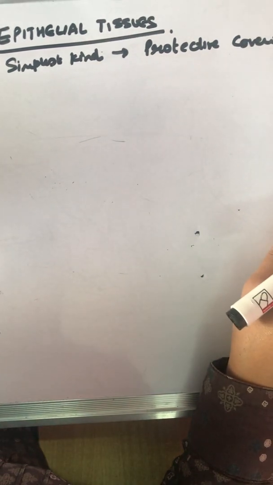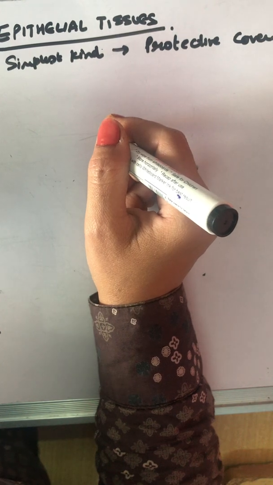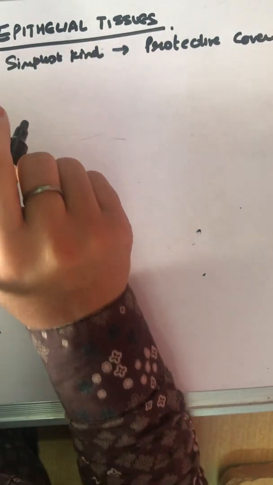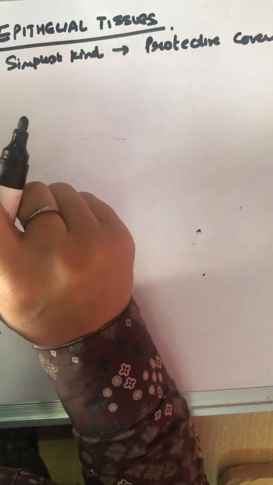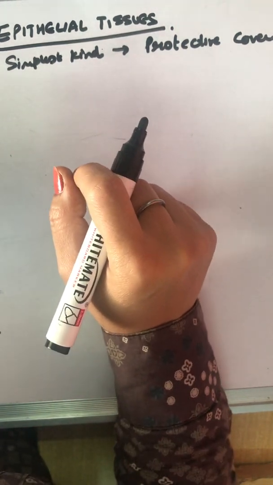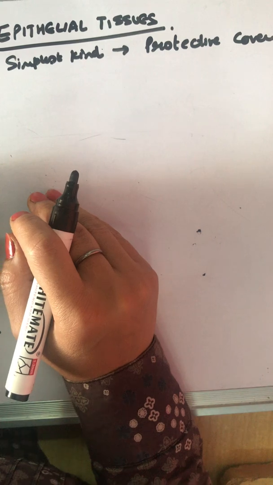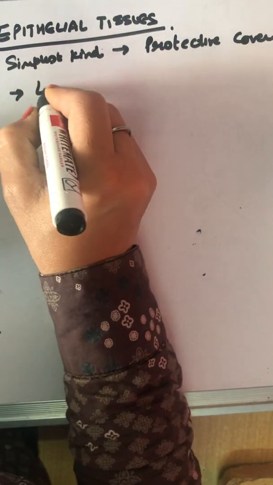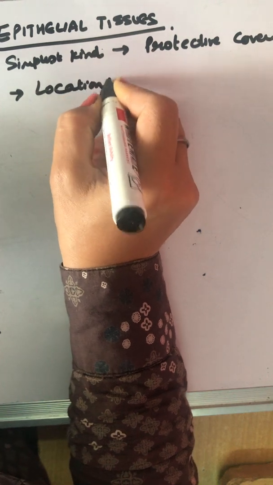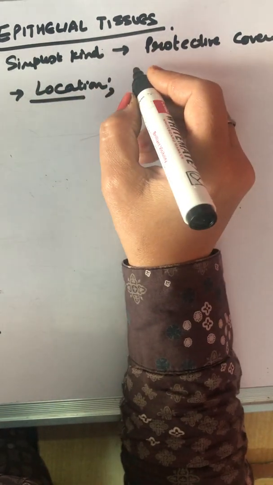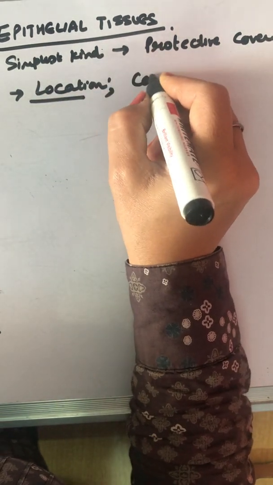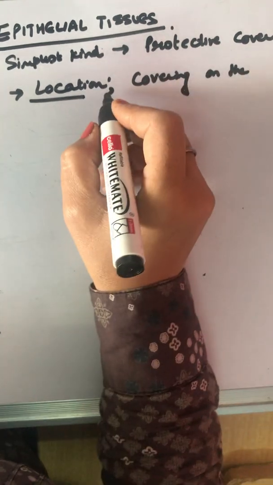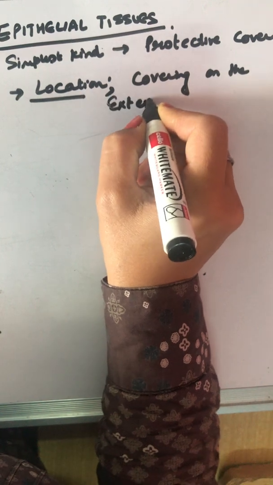This tissue is one or more layers of tightly cohesive sheets which cover the external surface of the body or the internal lining. So where is the location? It is mainly present on the external surface of the body.